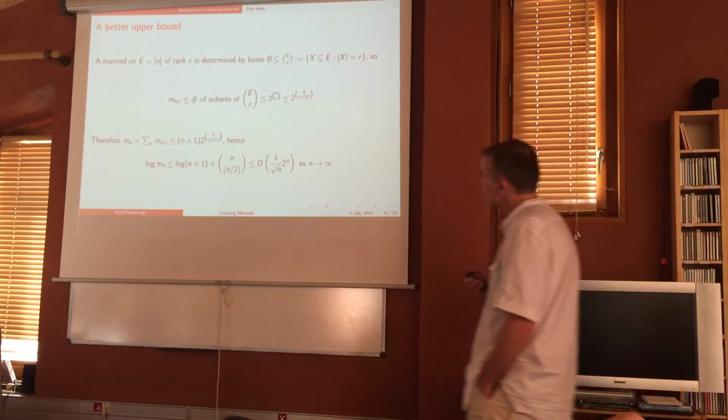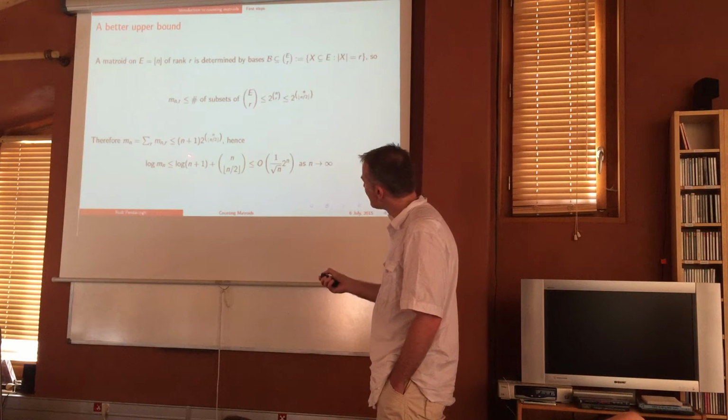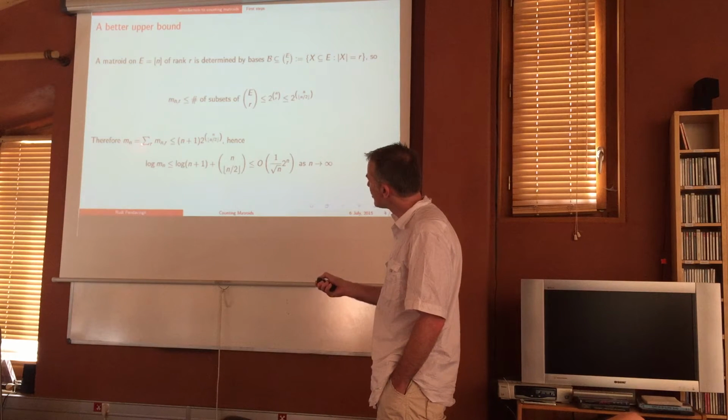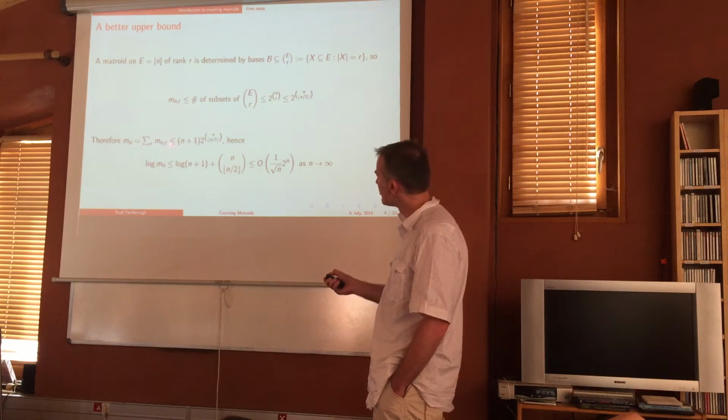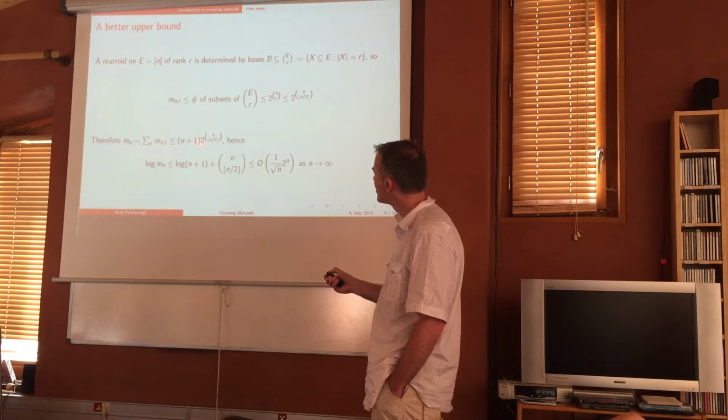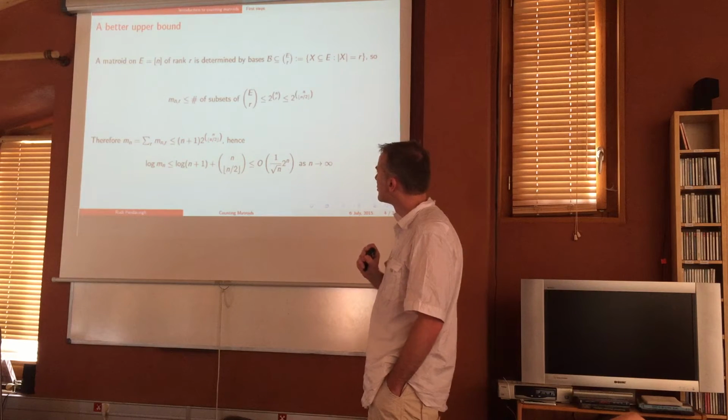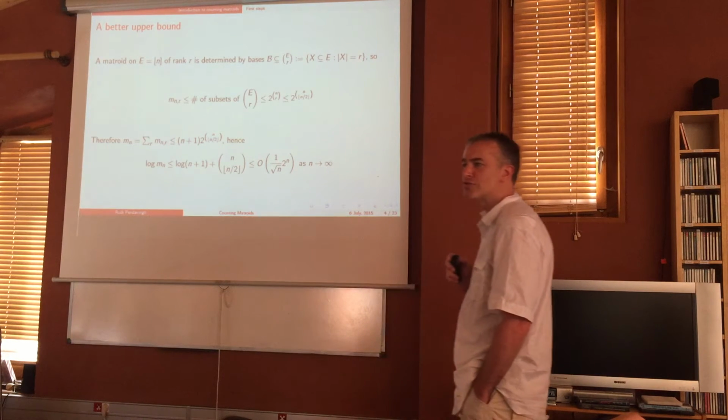Now one thing that happens here is I'm bounding all the matroids by summing over the different ranks, and so I'm being very lazy making this upper bound, because I'm just bounding all these by 2 to the power n choose n/2.